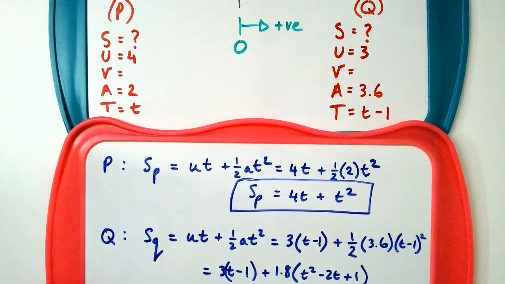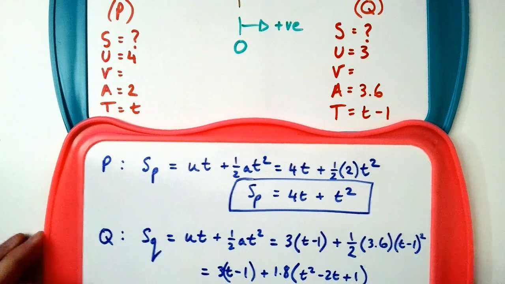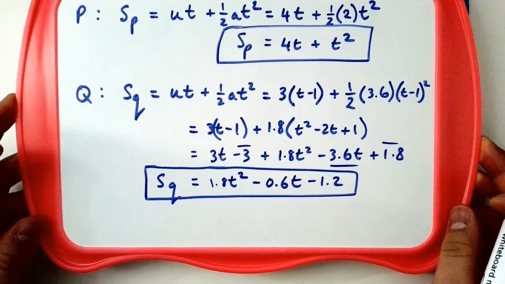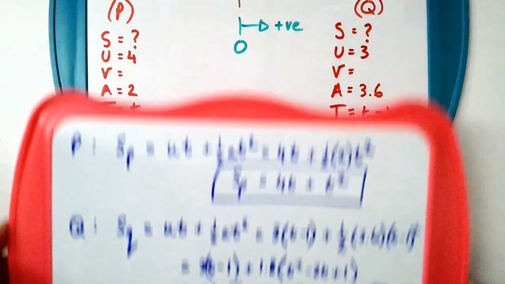So we've got 1.8t squared, then we've got t's, so that's going to be minus 0.6t, then we've got the numbers, so that's going to be minus 1.2. So now we've got an expression for the displacement of Q.